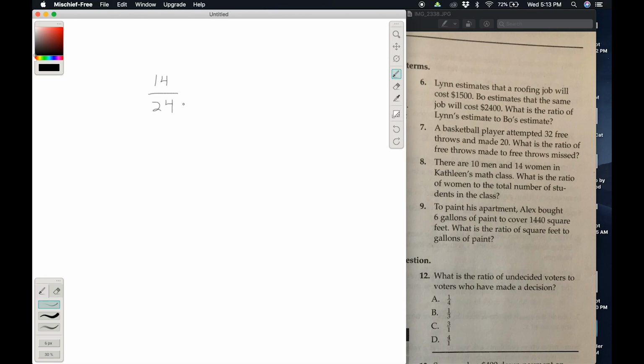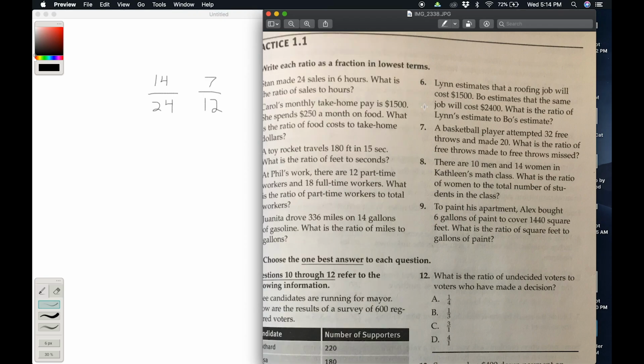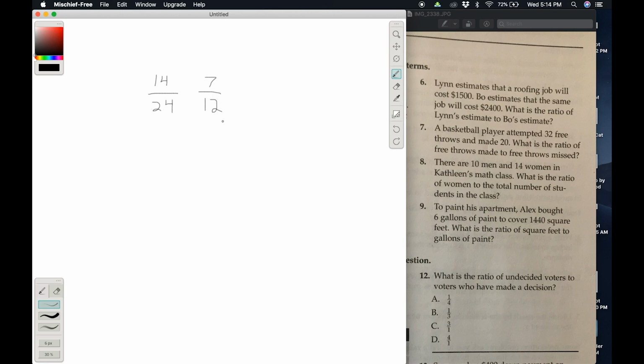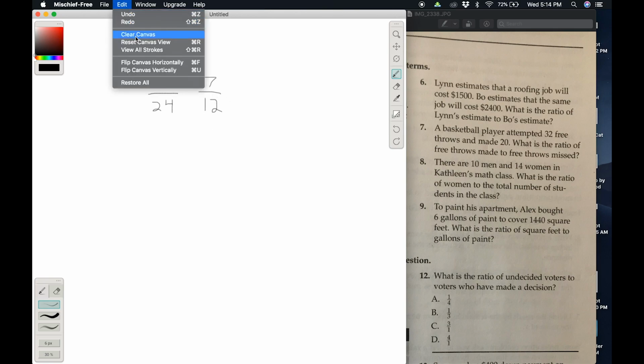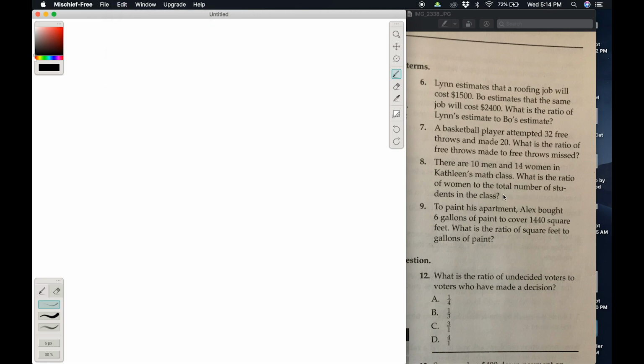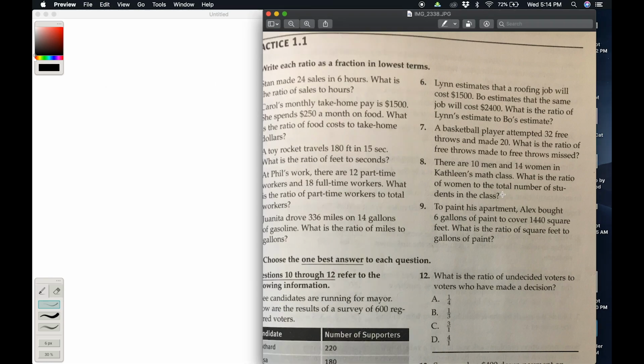I'm just trying to think if there's any other ones. Okay, so 2 goes into 14 7 times. 2 goes into 24 12 times. That's your answer, because there's nothing else that goes into both of these other than 1, but 1 never counts.